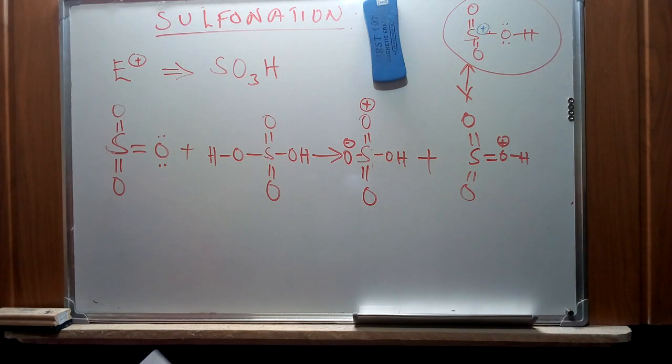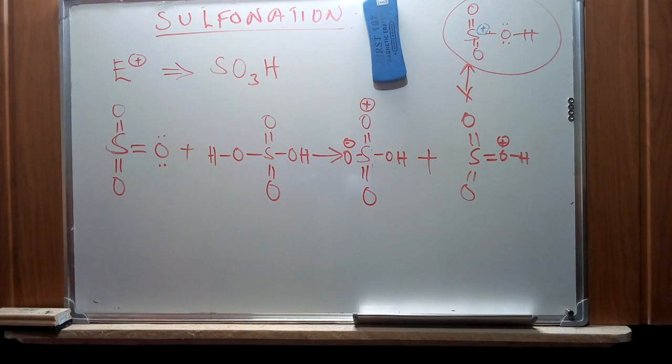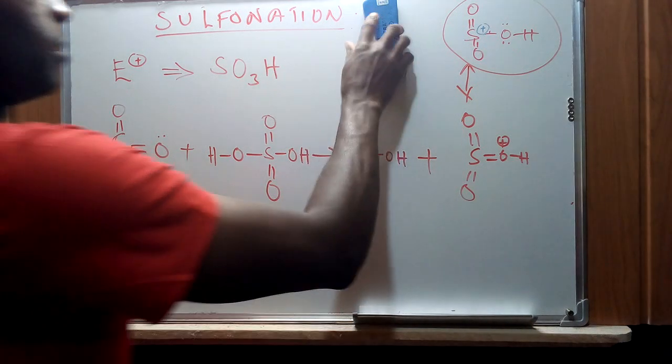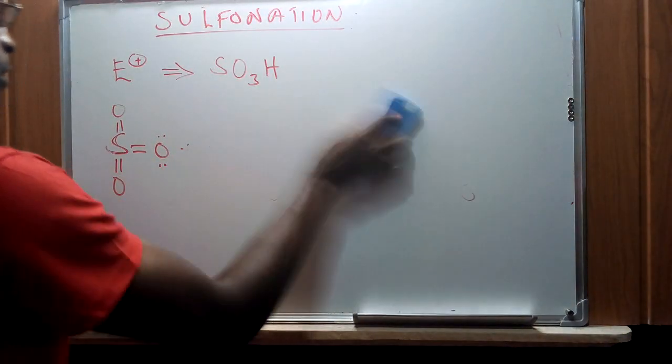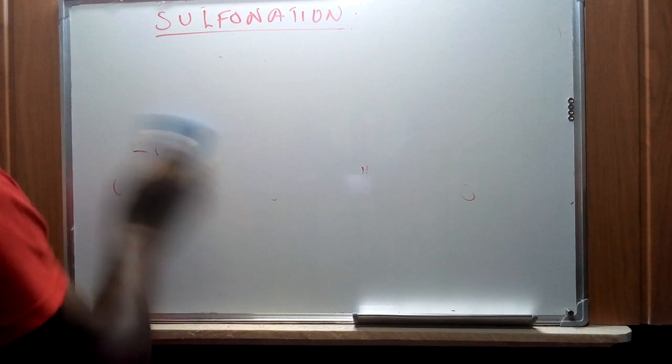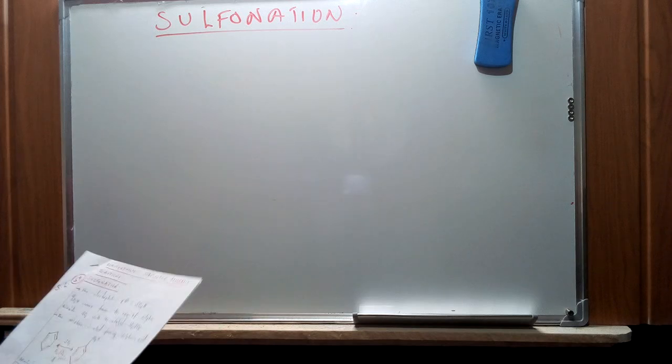I'm going to do away with this so that I give a representation for the reaction that is going to take place and form a product known as benzene sulfonic acid. So I just wipe away the reaction we have indicated on the board, and give a general reaction for the formation of the product and the conditions.